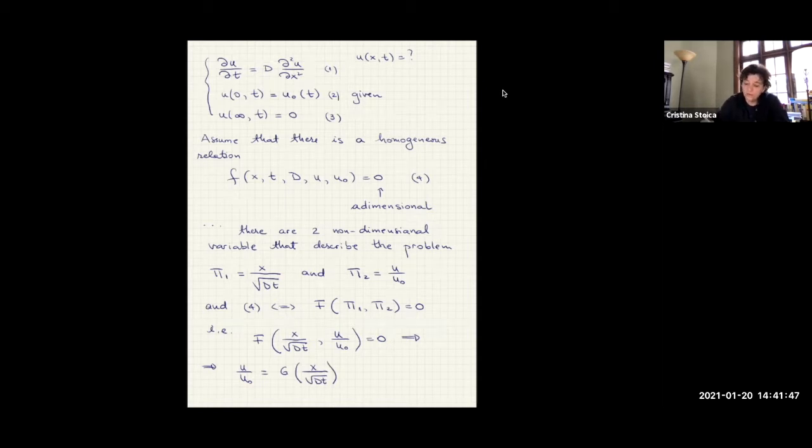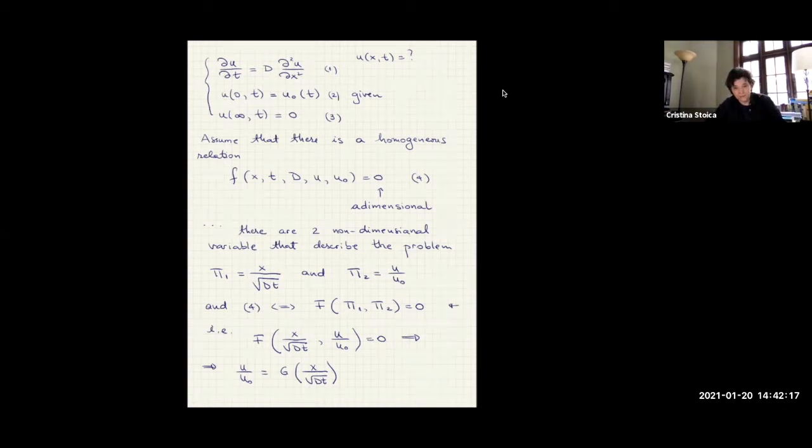I don't know what little f is. I just assume it exists. Now, doing the dimensional analysis and applying the Buckingham Pi theorem, we end up with this relation 4, that I don't know what it is, but I know it exists, is equivalent to another relation that just includes 2 variables. So from 5, we dropped to 2.